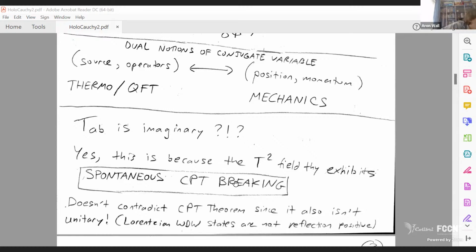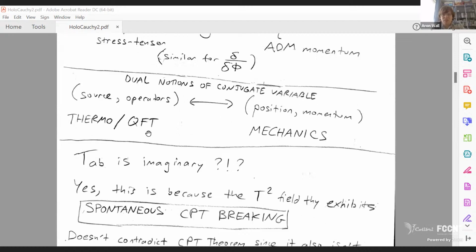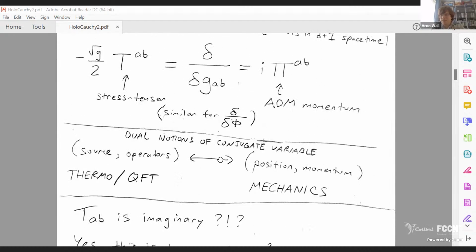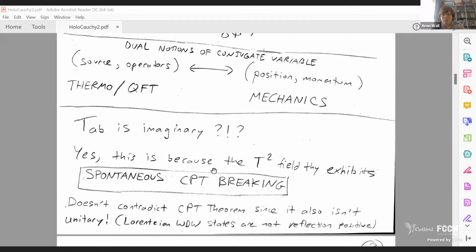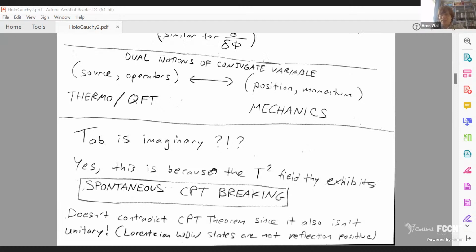In this case, you can, and the reason you can is not because we're breaking the analog of Lorentz invariance, which is just Euclidean rotations. It's because the CPT theorem also relies on this being the partition function of a unitary theory, or a Euclidean signature, reflection positive theory, and the Cauchy slice theory is also not unitary in this sense.